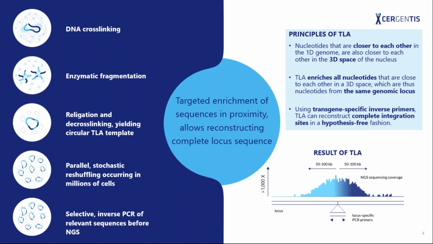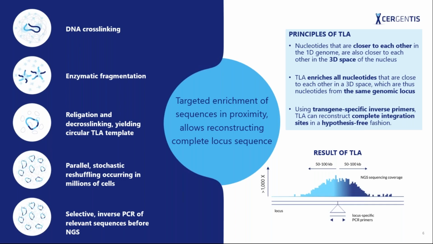The TLA protocol then enriches all of the nucleotides that have occurred in the same genomic locus due to the 3D conformation that we captured in the first step. And then by using inverse PCR, we generate a complete integration profile in a hypothesis-free fashion.